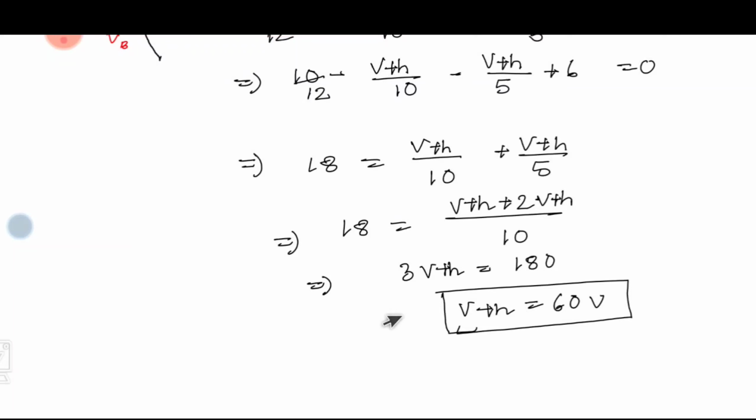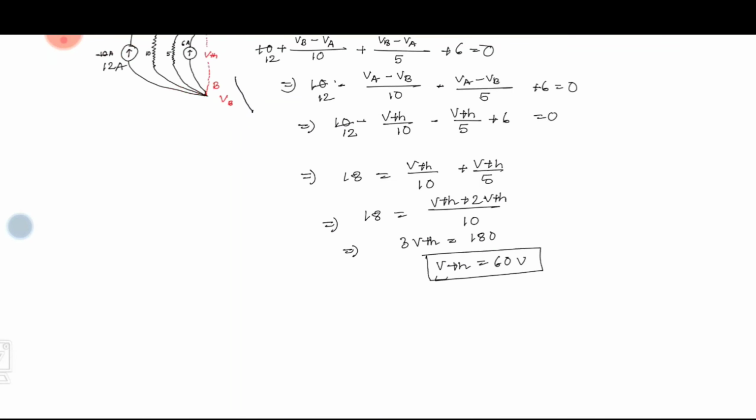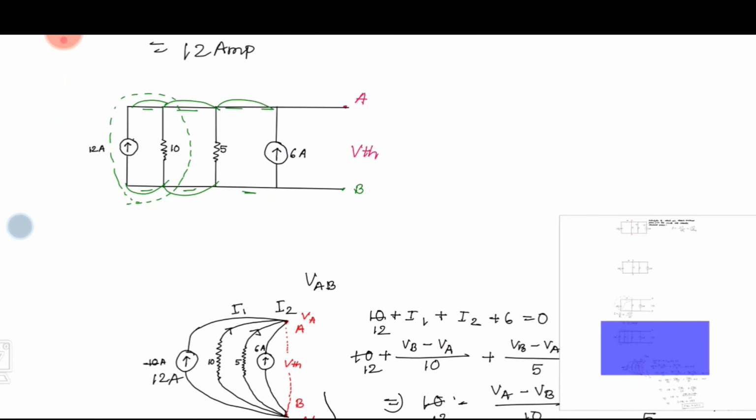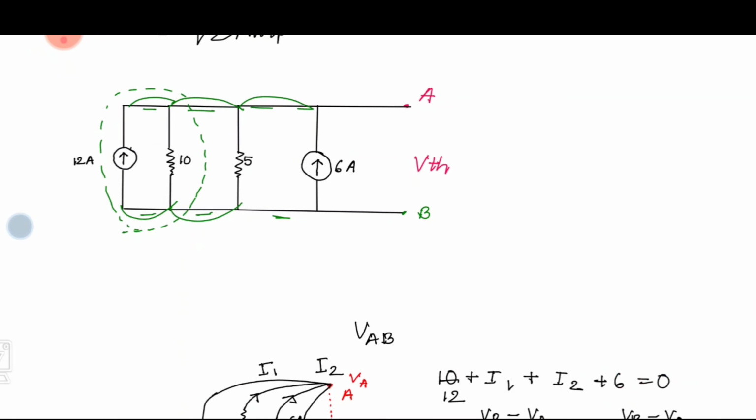So here we have found the value of VTH. Now we will calculate the value of RTH, that is the Thevenin equivalent resistance. For calculating RTH, we will make these two sources, this 12 ampere source and this 6 ampere source, open circuit. After that we will find RTH.